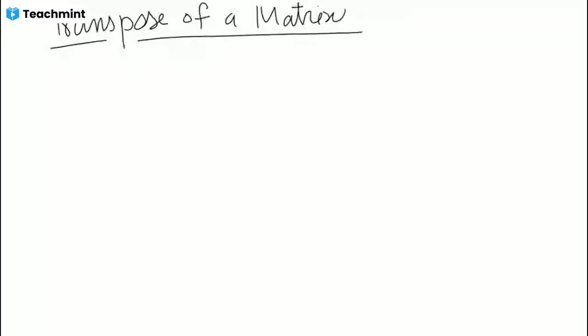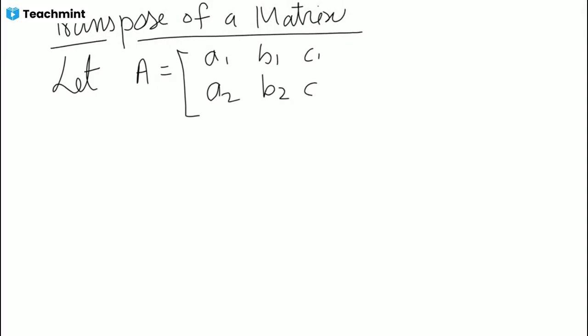We can find the transpose for any matrix, square or non-square. Let matrix A have elements A1, B1, C1, A2, B2, C2, and we need to find its transpose.